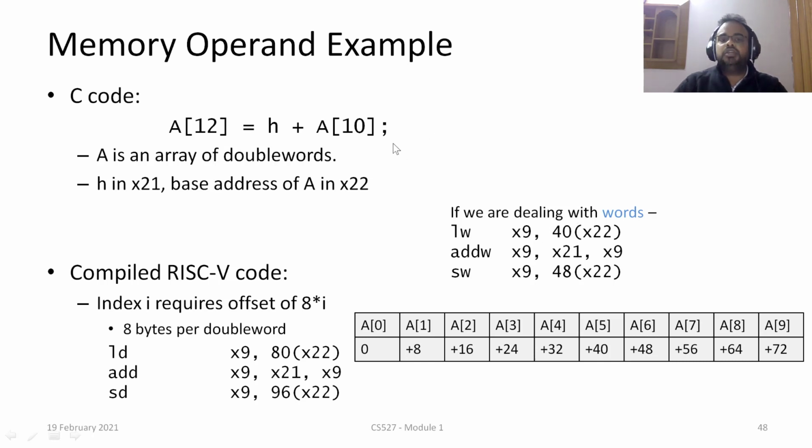Now A of 0 and A of 10 are not 80 spaces apart, but rather 40 spaces apart. So the offset will be 40 here, and for A of 12 it would be 48. Rest all would still be the same. So we are getting the value of A of 10 into register x9 here using the load word instruction. Then we are adding the value of h to the value of A of 10, and the resultant which is in x9 will be written to location A of 12.